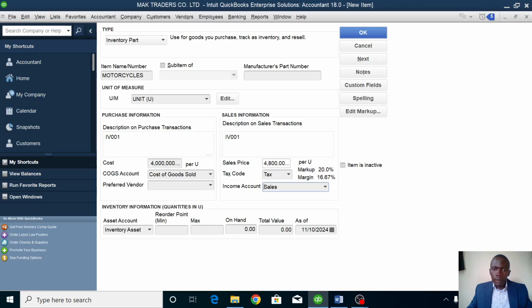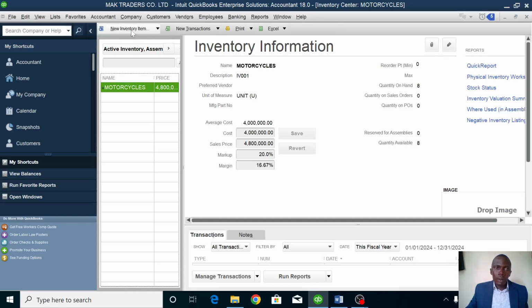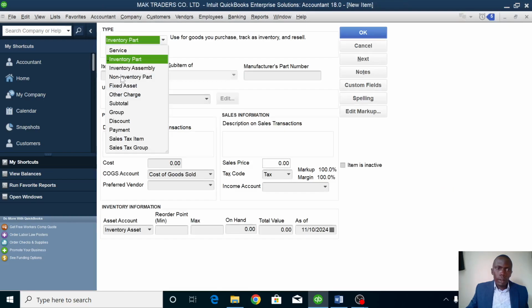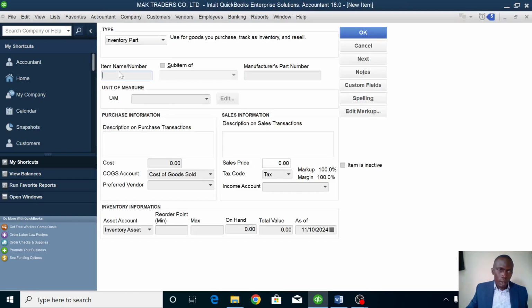We have 8 on hand. Then the date, say okay. Then we go to the next inventory item. It is generators.